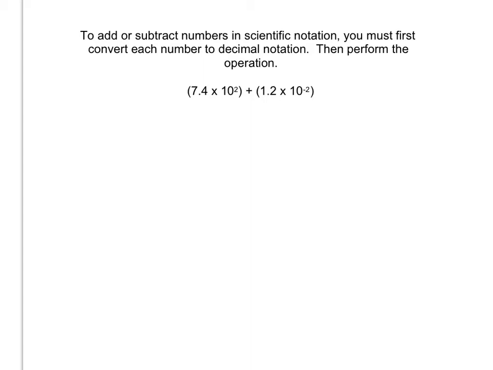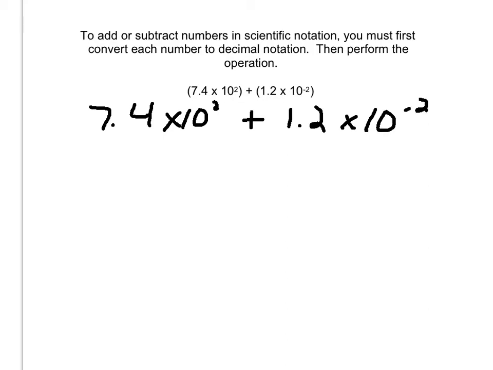So if I want to do this problem, 7.4 times 10 to the second plus 1.2 times 10 to the negative second. This positive 2 exponent tells me to move this decimal place 2 places to the right.